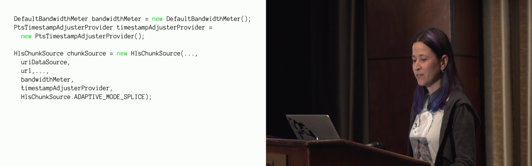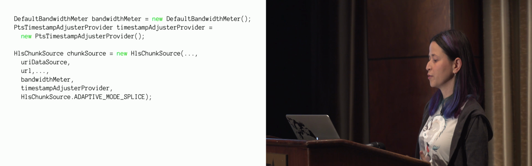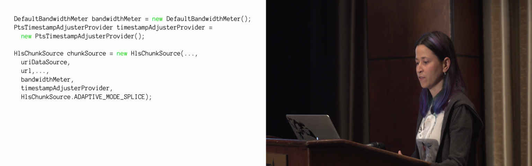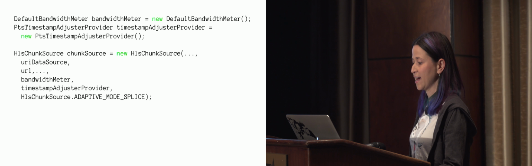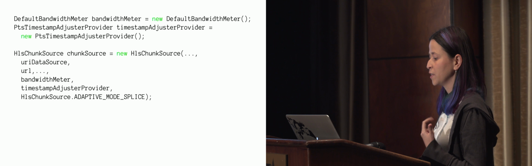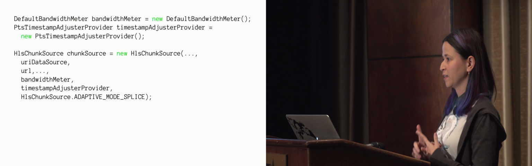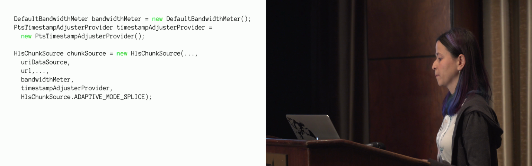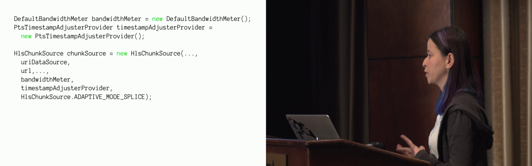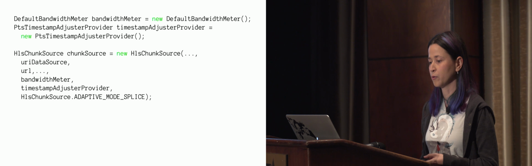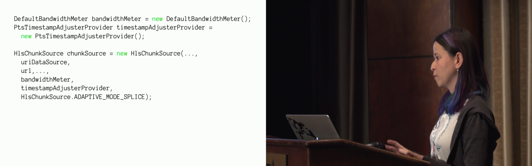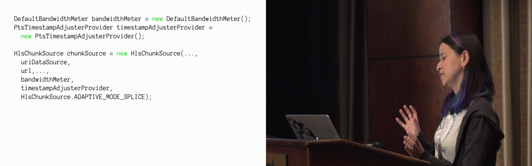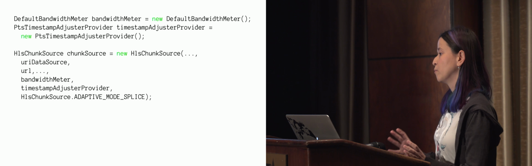And the other interesting thing is that you can choose how you want adaptive mode to be handled, which is the last parameter given to HLS chunk source class. And you can choose between none, which means that whatever was selected when the video was started is going to stay the same throughout the play. Splice, which means that while switching between chunks, it will download the old one and the new one in case the previous one doesn't end exactly where the new one starts.